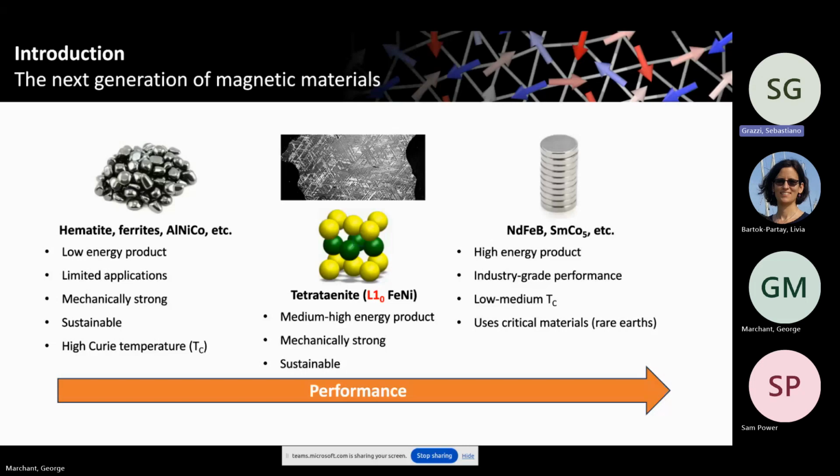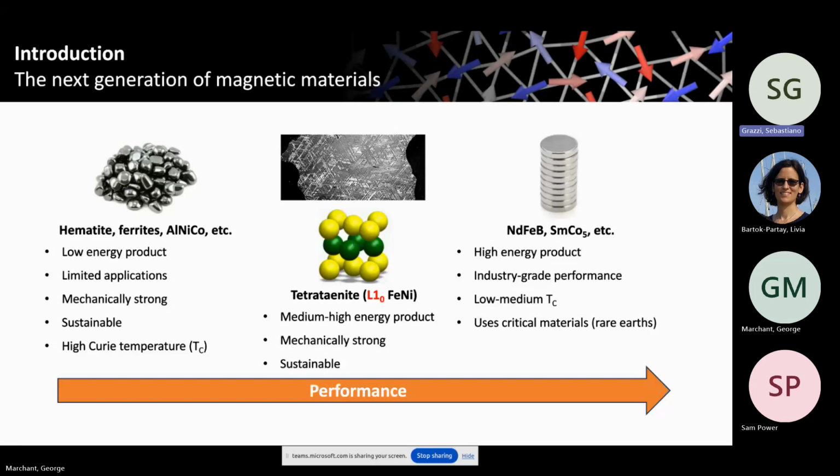Rare earths are at the center of the vast majority of magnets that we use for actual applications. Because of their f electrons, they produce very large magnetic responses and have very large energy products, which means they can actually be applied in an industry context.